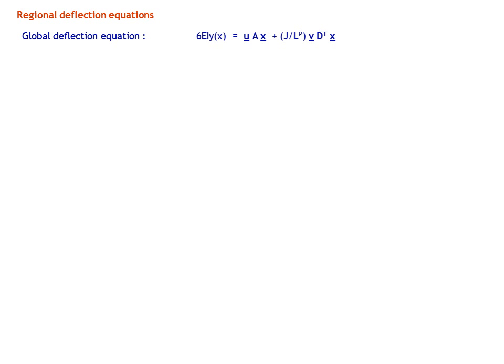With R equal to 0, load vector U, which has R as its upper limit, must also be equal to 0, and so therefore must the product UAX. So this term in the deflection equation vanishes, and we are left with a simple deflection equation to the left of a partial load. 6EI y of x is equal to j over L to the power p times v d^t x.